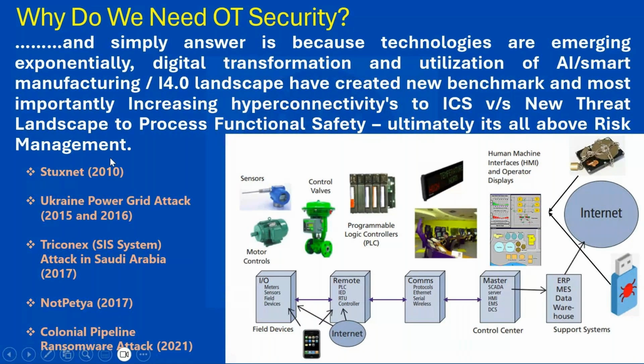Here some names are put because these are the key incidents which happened in the industrial sectors. Colonial Pipeline you can consider not a typical OT incident, as it happened more at the enterprise level, but most of the other incidents have a direct impact on the industrial environment. But we will do a deep dive in the next session.